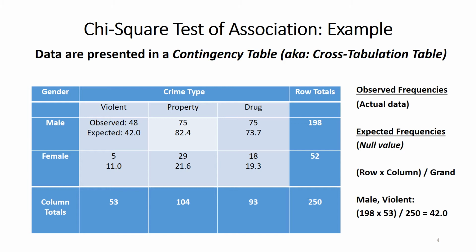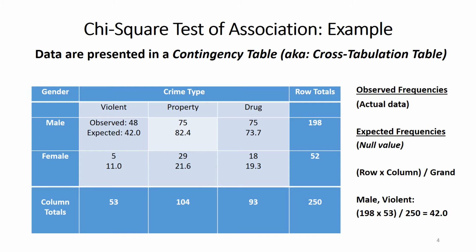But in other cells, you see a larger difference between observed and expected frequencies. And that's where we leave it up to the actual chi-square statistic and the statistical analysis behind the scenes, the mathematics, to determine at what point we have a significant amount of difference between those to say that we have a statistically significant association between the variables.